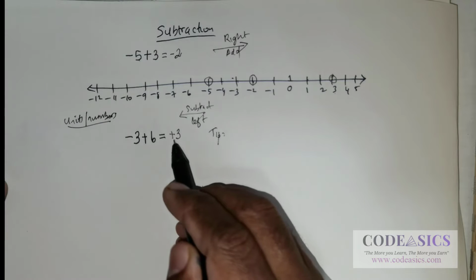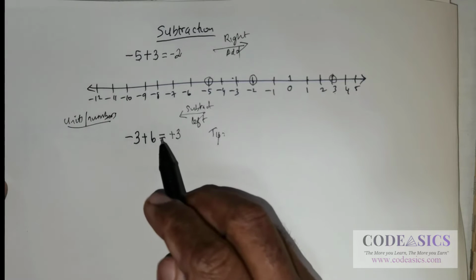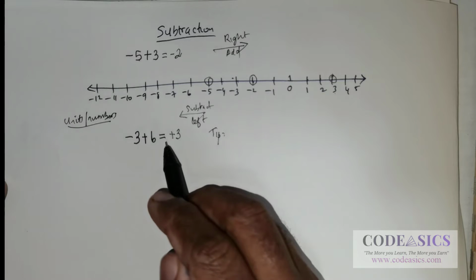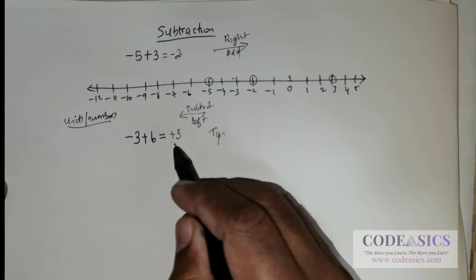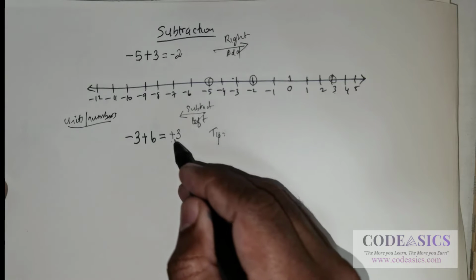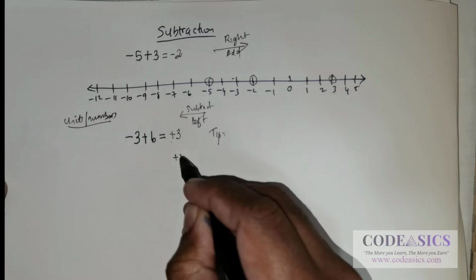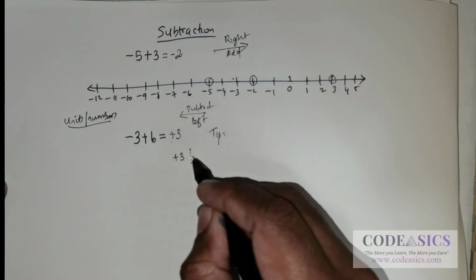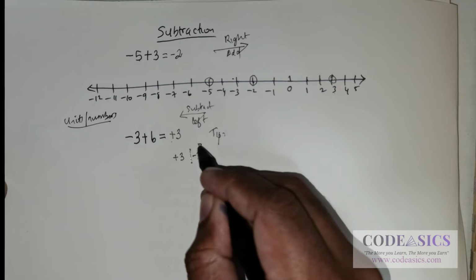Because in mathematics, signs are very, very crucial and critical. As you move on, you will understand why signs are very important. Now, I placed +3. +3 is totally different from -3.